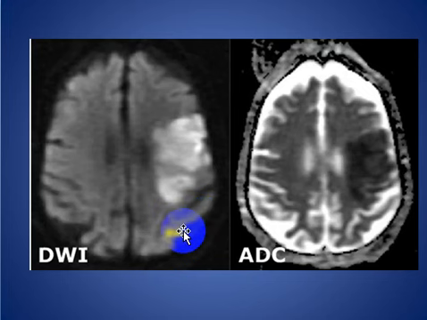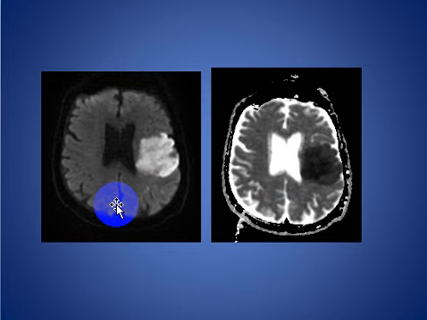Here is another patient with restriction on the left side due to cytotoxic edema of the infarction, and this is in the territory of the middle cerebral artery, indicating acute infarction. Here, this is another patient with restricted diffusion in the territory of middle cerebral artery, indicating acute infarction.